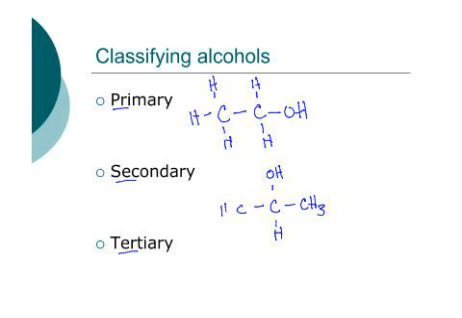Where the carbon to which the OH group is attached is connected to two other carbons. All right, we can also have a tertiary alcohol, where the carbon attached to the hydroxyl group is attached to three other carbons. So I just wanted to mention this so that you've heard of it before when you need it.